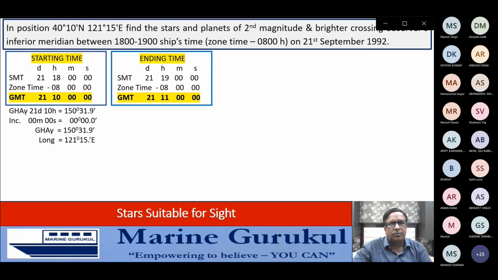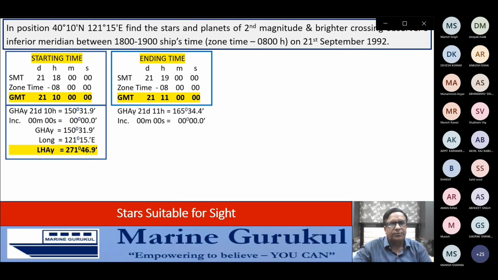We apply the longitude east, GMT east, we add it, and we get LHA Aries as 271 degrees 46.9 at the commencement of the interval. Likewise, we get LHA Aries at the end of the interval. You can see it on your screens, and LHA Aries comes to 286 degrees 49.4 minutes.